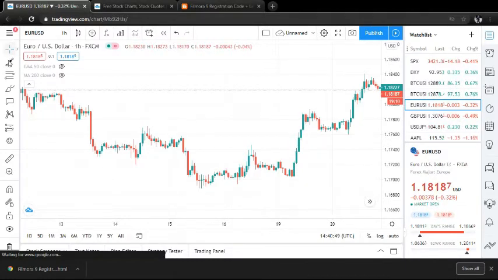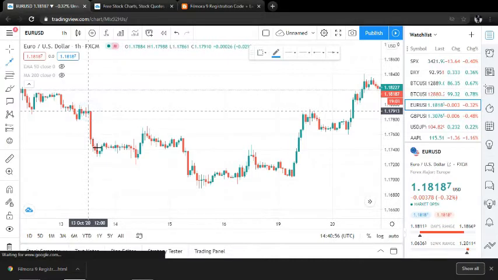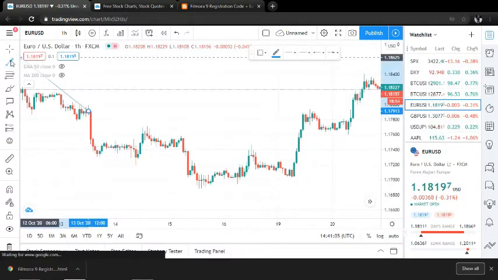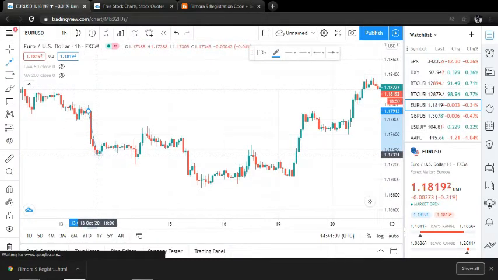For example, if we look at this place, we would see that there was a sharp increase in volatility from here to about this point. There was volatility up until here.